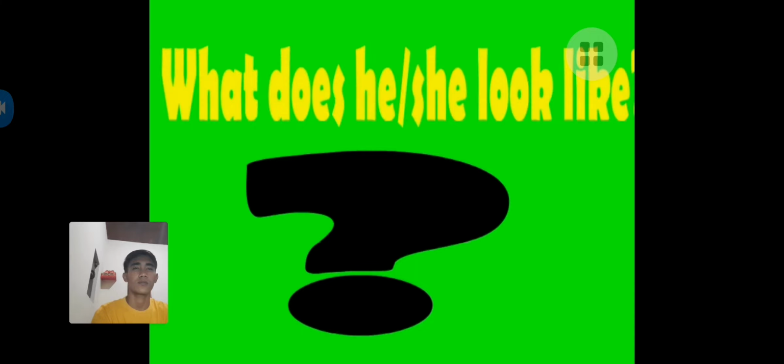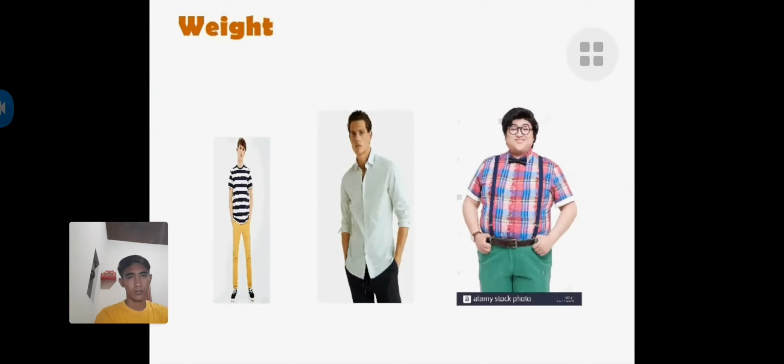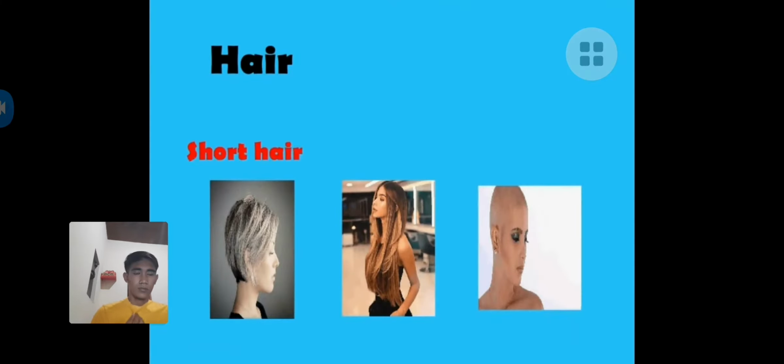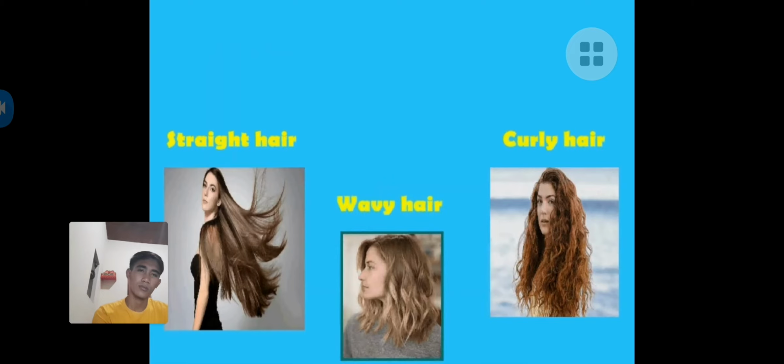What does he look like? What does she look like? Tall, short, medium height. Weight: slim, thin, medium weight, fat. Hair: short hair, long hair, bald. Straight hair, wavy hair, curly hair.